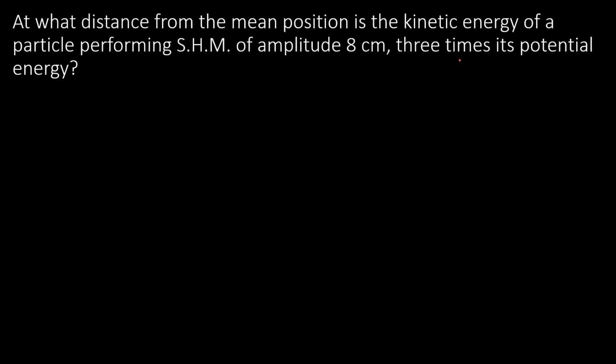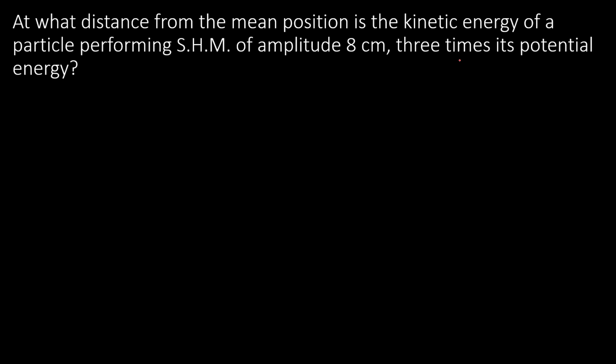At what distance from the mean position is the kinetic energy of a particle performing SHM of amplitude 8 centimeter equal to 3 times the potential energy? So what is given?